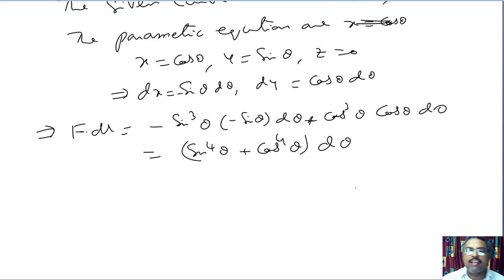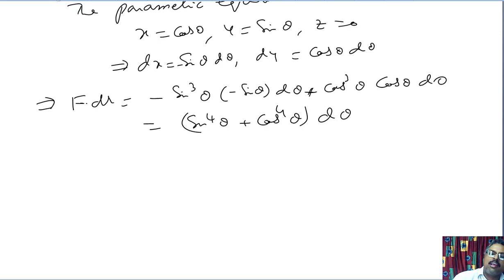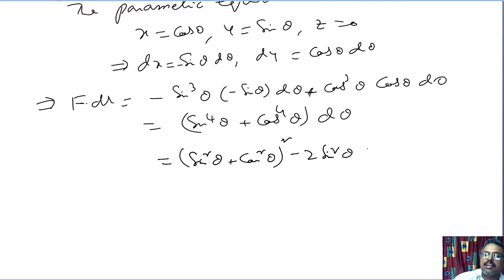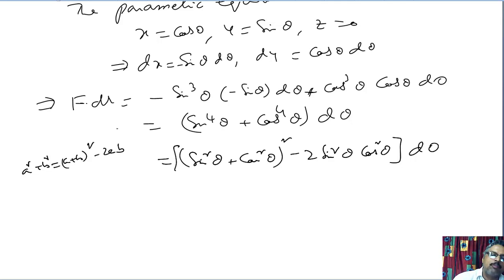This looks like the a squared plus b squared formula: sin squared theta plus cos squared theta, whole squared, minus 2 sin squared theta cos squared theta d theta. That is a squared plus b squared, which is a plus b whole squared minus 2ab.